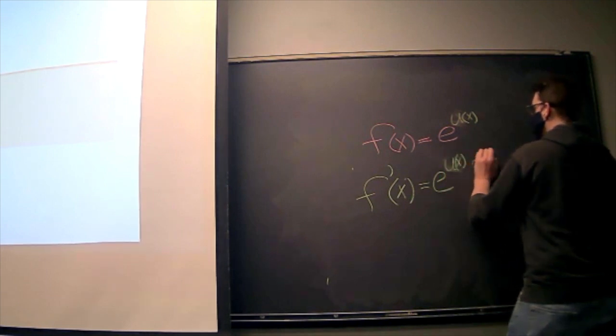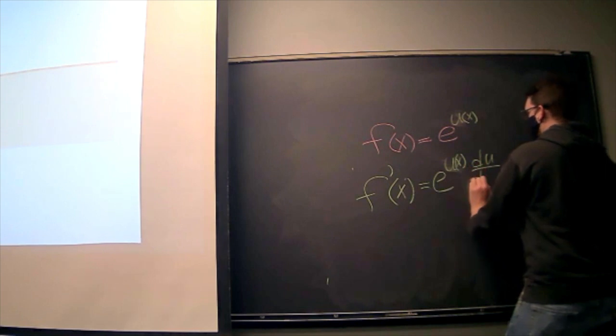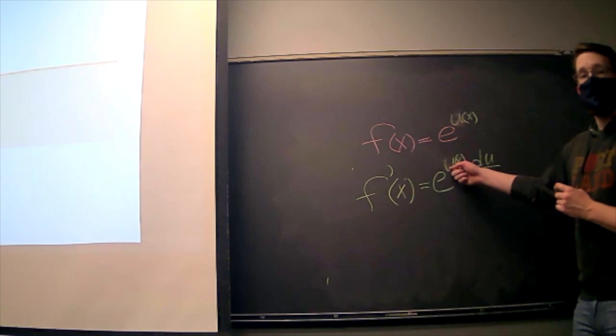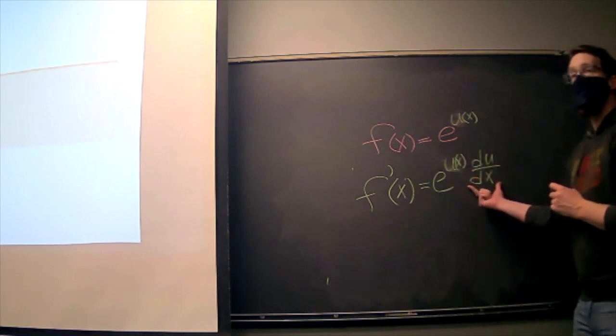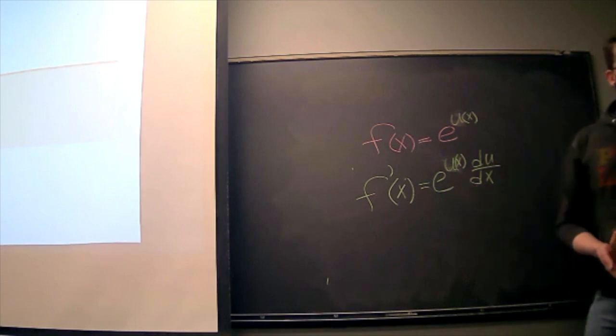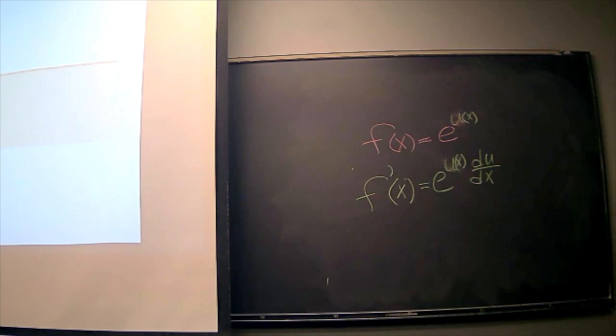Then the derivative of this thing would come out to be e to that function of x times the derivative of that function of x. Make sense? People at home, if you're nodding, I really can't see y'all through the blank screens. Makes sense? Awesome, dope.